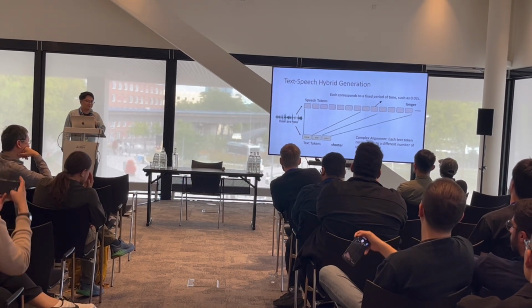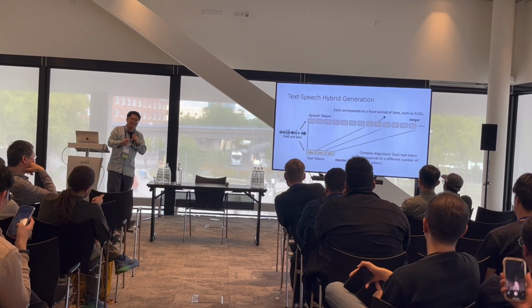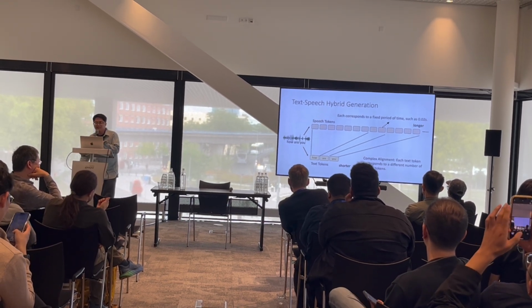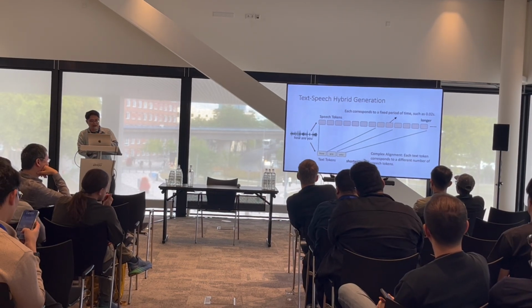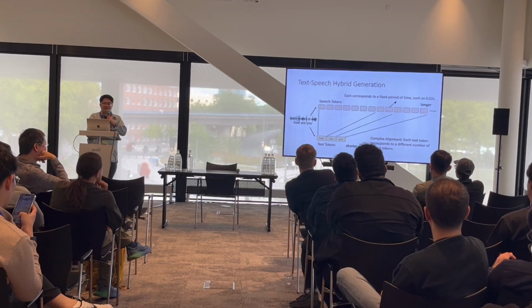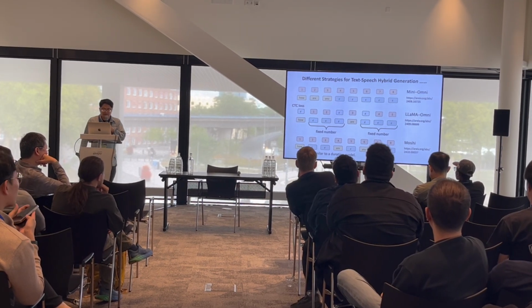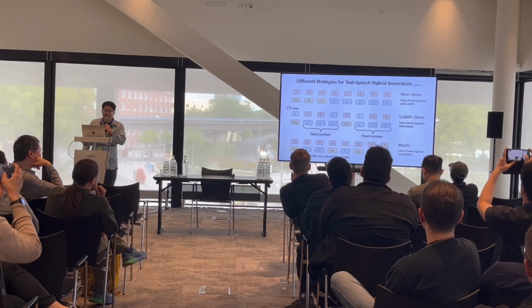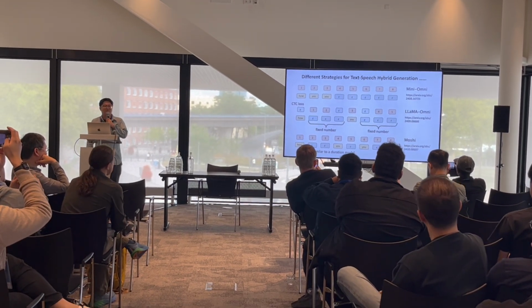Each text token corresponds to a different number of speech tokens, and given the same text token, if its context is different, it usually corresponds to a different number of speech tokens. So the alignment between the speech token and the text token can be very sophisticated. Therefore, lots of different sites try to invent different strategies for text-speech hybrid generation.